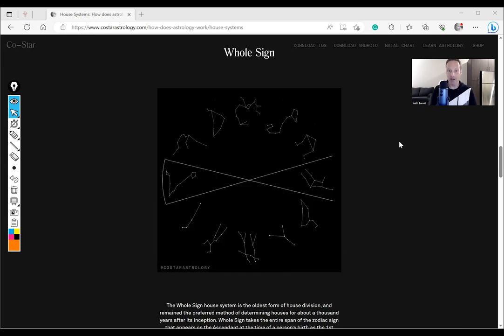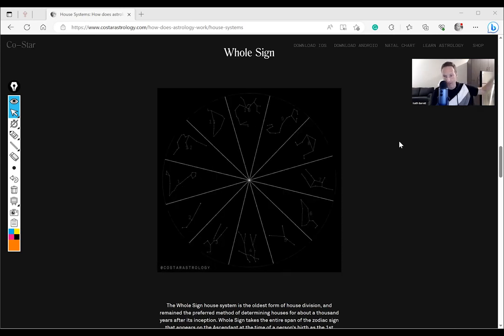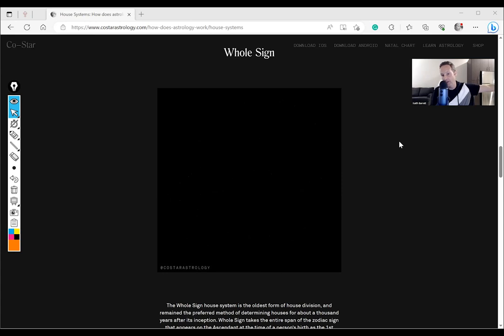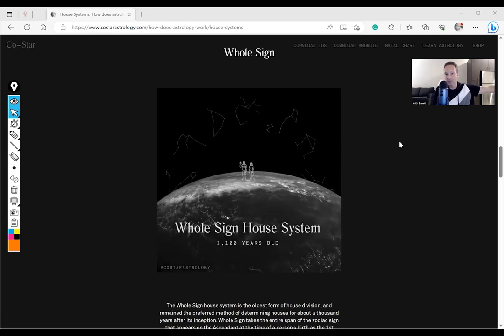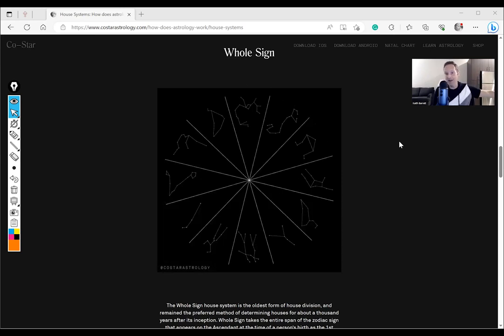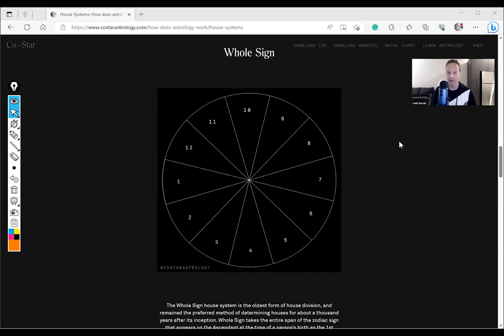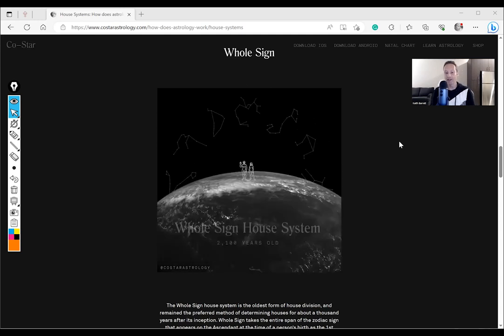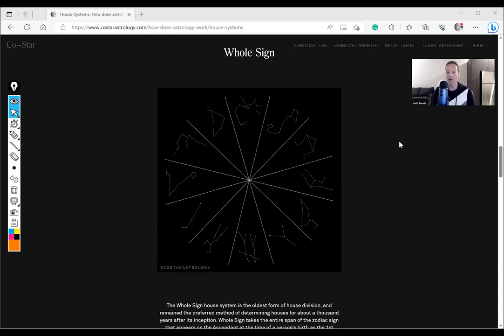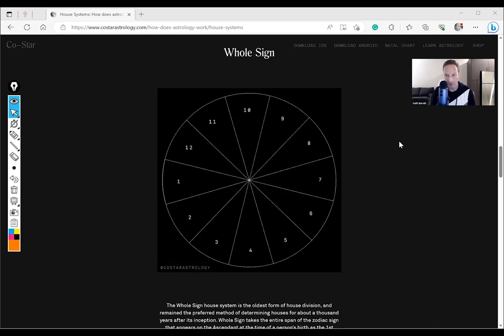Simply, this house system takes, again, the sign on the ascendant where the sun rises in the location where you were born. Whatever sign is there, it uses that as your first house. Like in the example I used in the anatomy of your horoscope, the sign of Leo was on the ascendant, and so Leo would represent the energy of your first house.